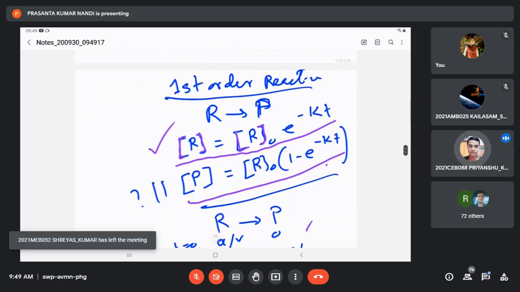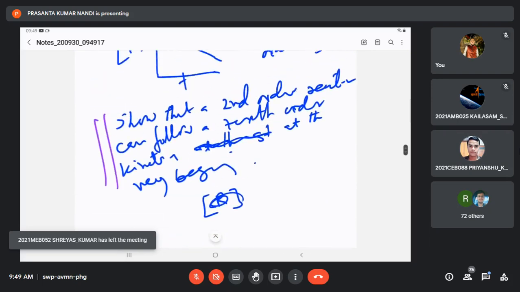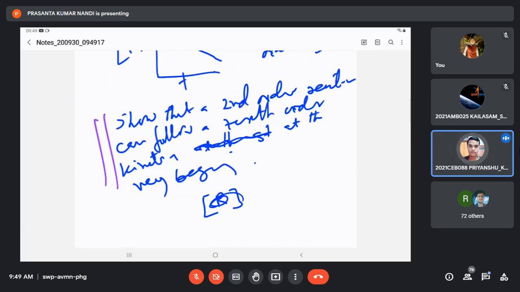Sir, I have a question. Yes. Sir, can any nth order reaction follow a zeroth order reaction at the beginning? No, not necessarily. Only first and second order, and not necessarily even those. If you look at a typical second order reaction, there are two types.